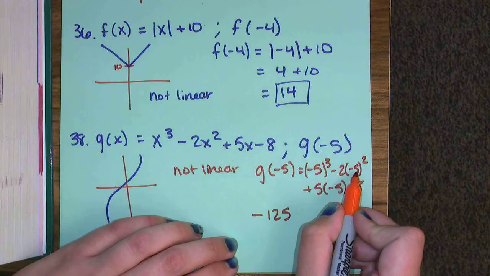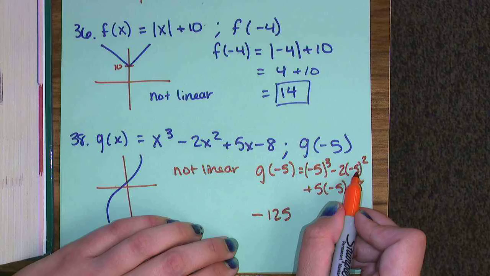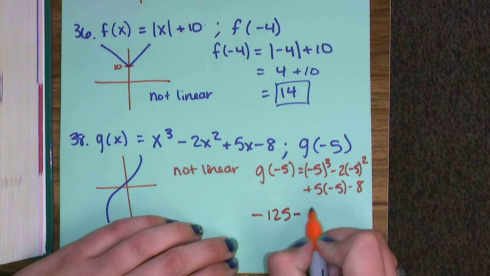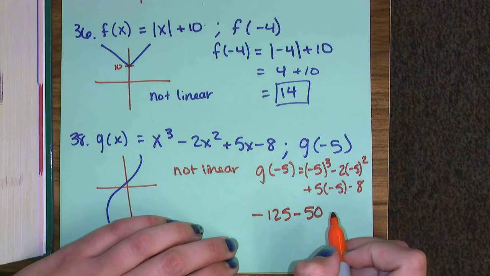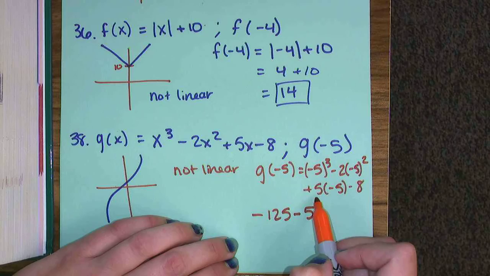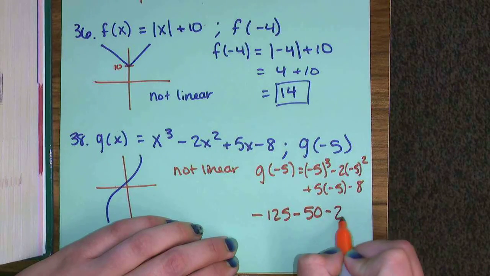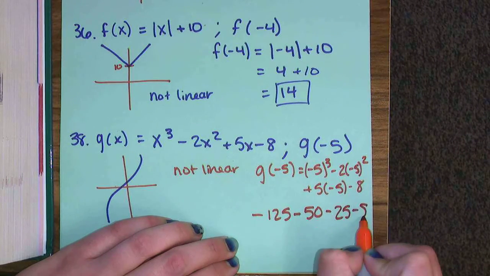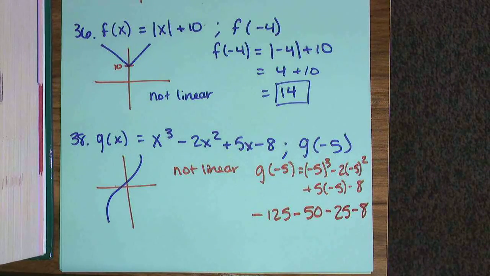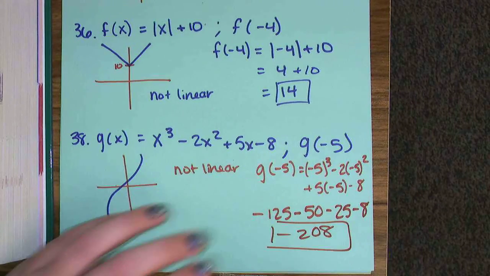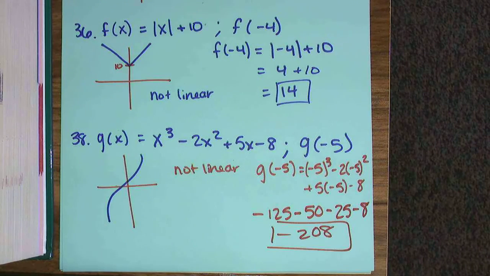Negative 5 squared, 25, times negative 2? Negative 50. 5 times negative 5? And then what does that give me? Correct, not linear.